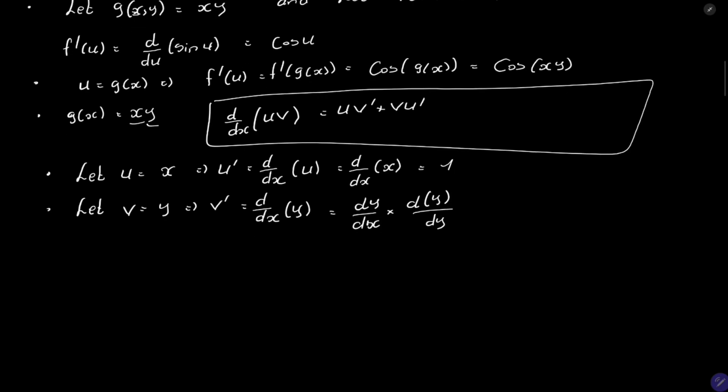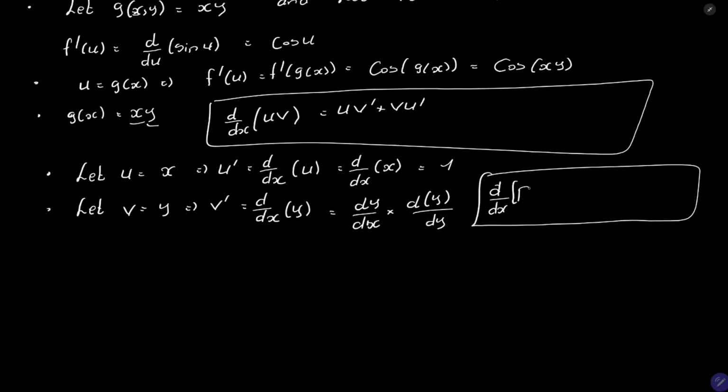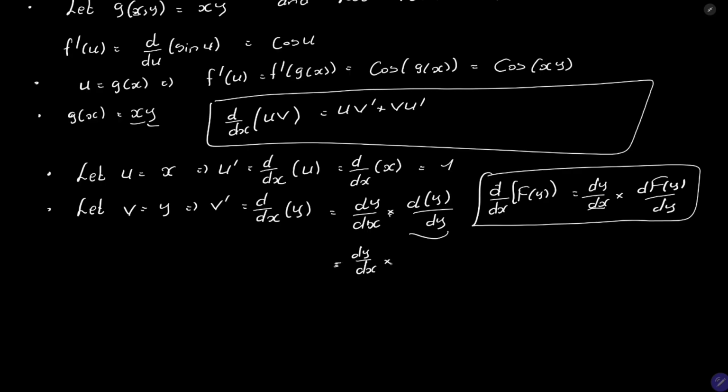It was well stated that the derivative with respect to x of a function f of y is equal to dy on the x times the derivative of that function with respect to y. So in this case, our function f of y is the function y. So the derivative with respect to x of y gives us dy on the x times the derivative of y with respect to y, which gives us dy on the x times 1.